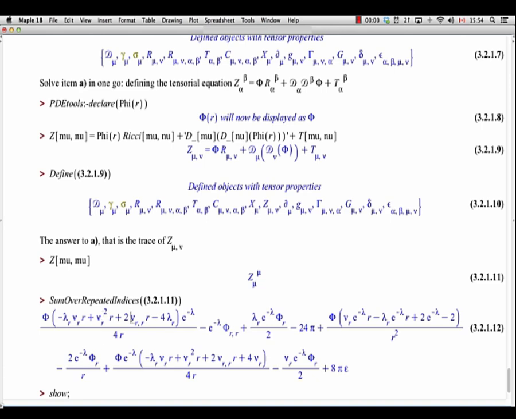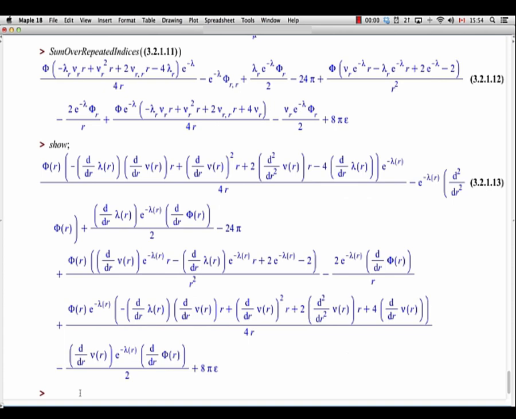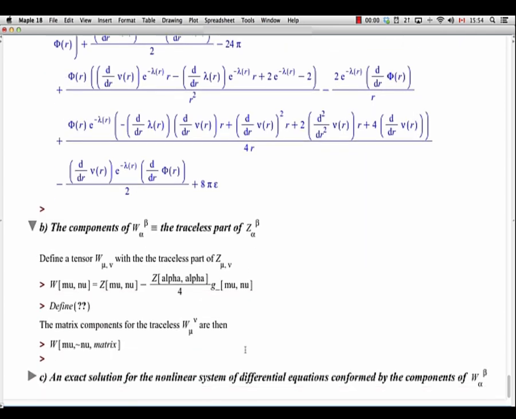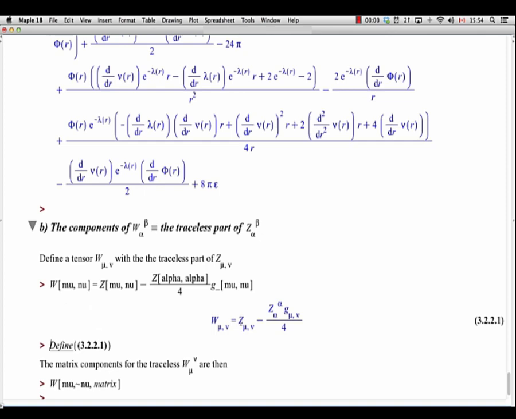Here, VRR, for instance, is the second derivative with respect to R. If you want to see this in the standard Maple notation, we just make it happen. Now we want the components of the traceless part. This can also be solved in one step. By definition, the traceless part of Z is Z minus the trace of Z multiplied by the space-time metric divided by the trace of the metric.